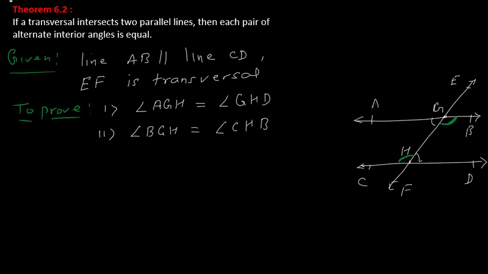Okay. Now out of these two proofs, if I am able to prove one, then the second we can write in the same way. So let us see the proof.